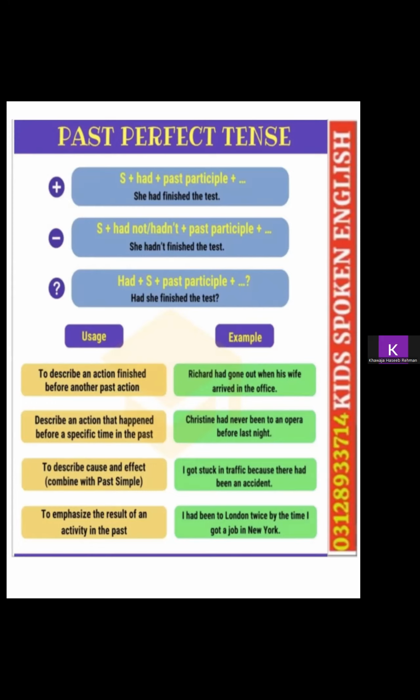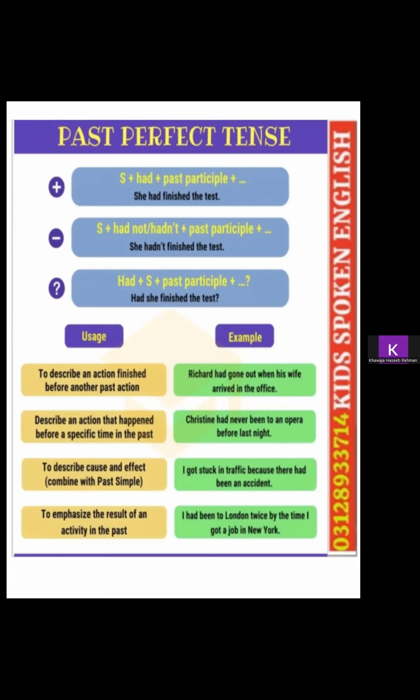So you can just memorize this, that past perfect tense is the past in the past. Past का भी जो past है वो past perfect tense है. Past perfect tense describes an action that happened before a specific time in the past. कोई ऐसा action जो किसी एक काम से पहले हुआ हो.